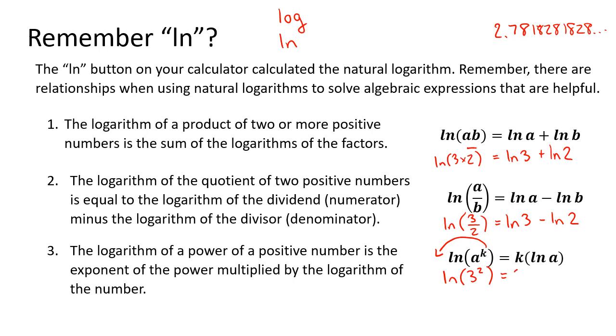So in other words, it becomes 2 multiplied by ln 3. You're basically taking that exponent and moving it down in front of the term. That's useful because it lets you now have this value that was in the exponent within the equation for you to solve using algebra, using adding and subtracting to both sides, or multiplying and dividing to both sides.